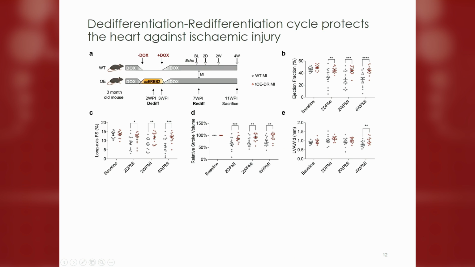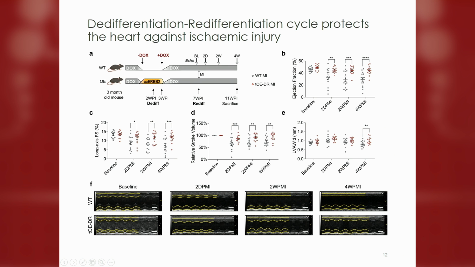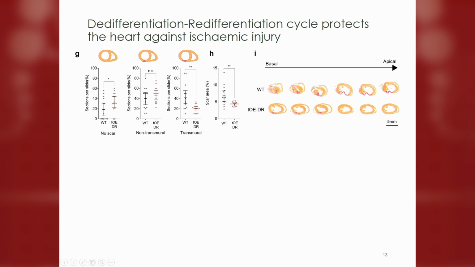But look what happens to these dedifferentiated, redifferentiated animals. They are protected, really protected. And it's amazing. First experiment, everything is significant. All these parameters show protection. This echocardiography, and scarring also show that they have much less scarring, shown here.